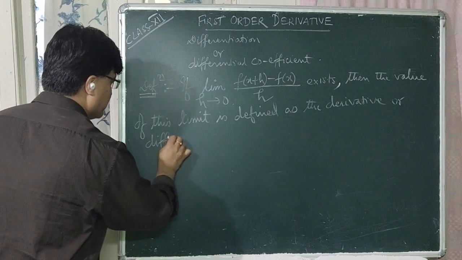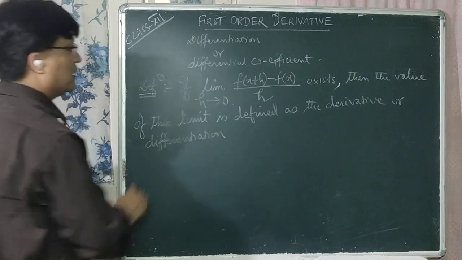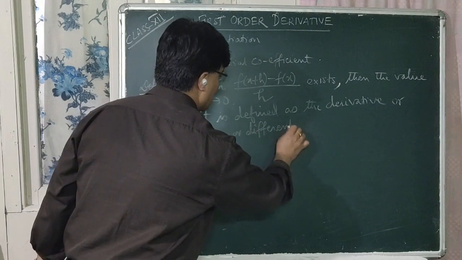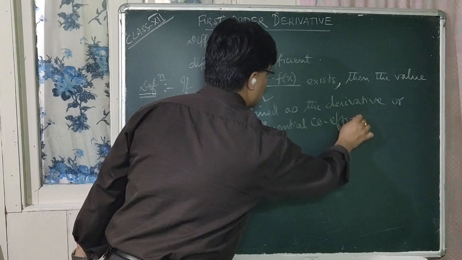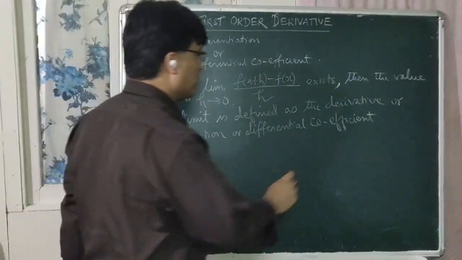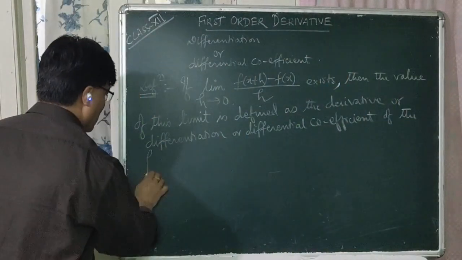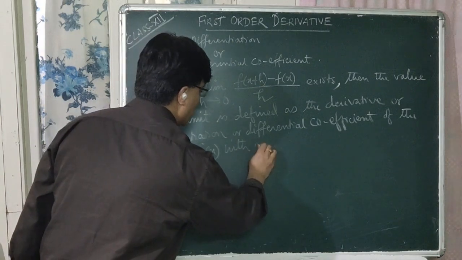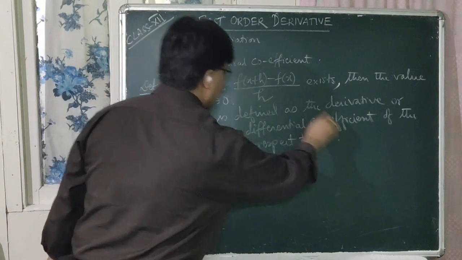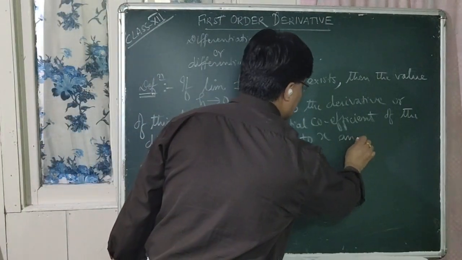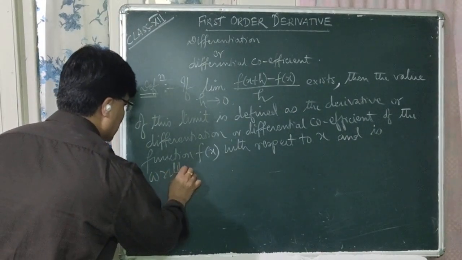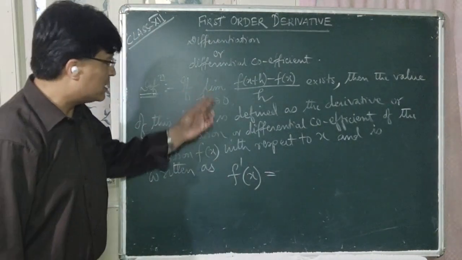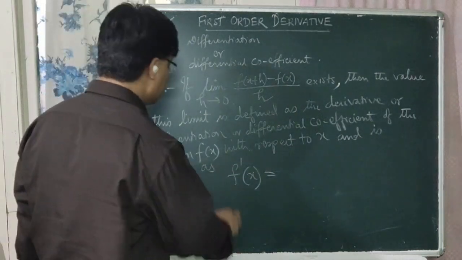or differentiation, or differential coefficient of the function f of x with respect to x, and is written as f dash of x.